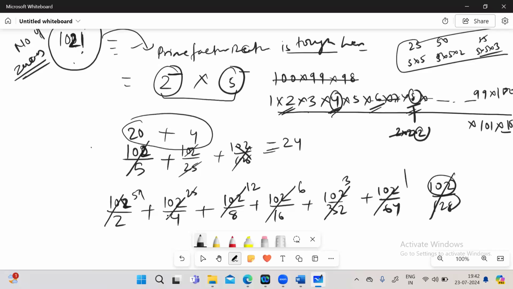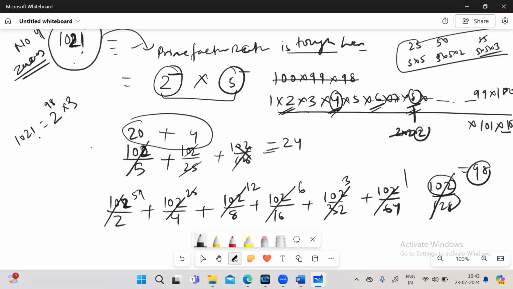So the total power of 2 will be 51 plus 25, 76, 76 plus 12, 88, 88 plus 6, 94, 94 plus 3, 97, 97 plus 1, 98. So this will be the power when 102 factorial is written in prime factorization. 2 to the power 98 will be there.